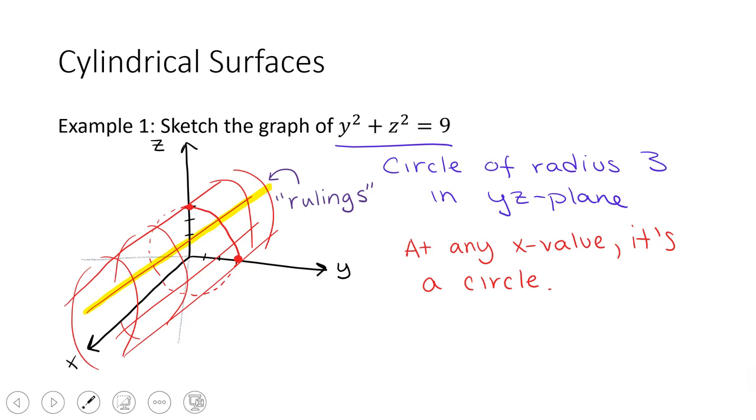And that's always going to be true. If you have an equation with only x and z and it's missing a y, it's going to have rulings that are parallel to the y-axis. And what does that mean? That means if you slice it along, in this case the x-axis, it's always going to look the exact same.